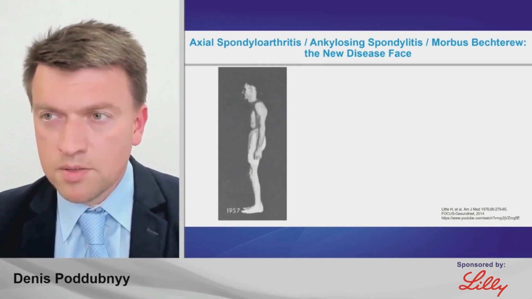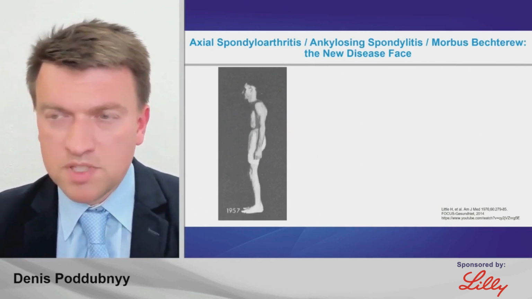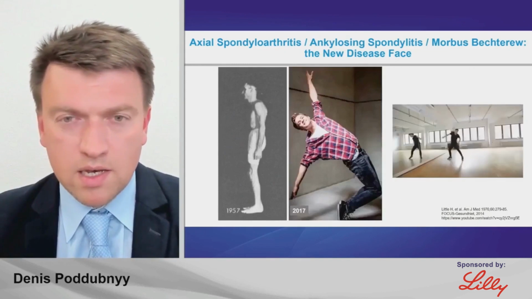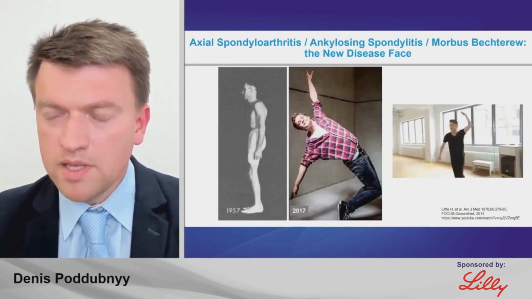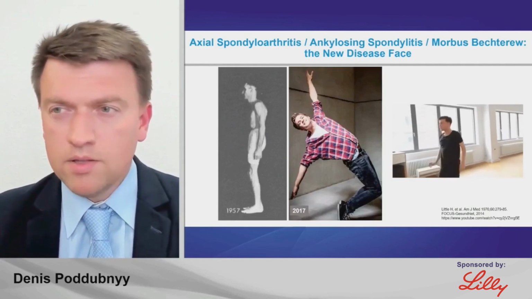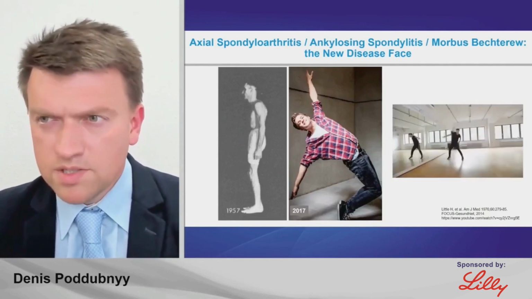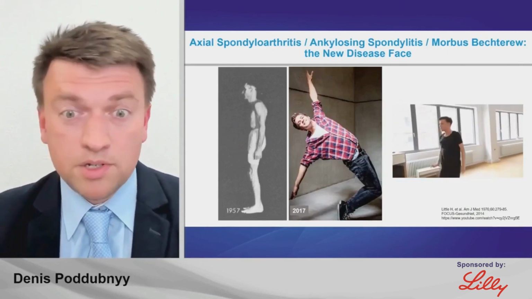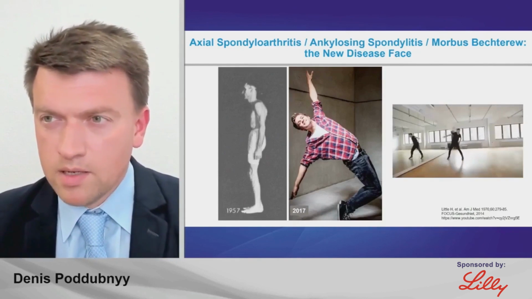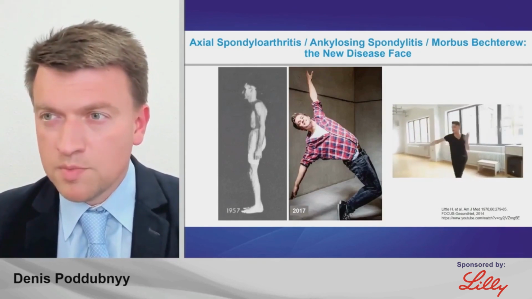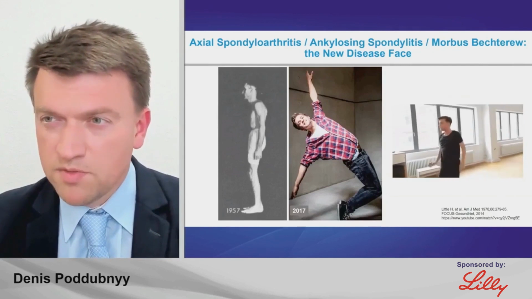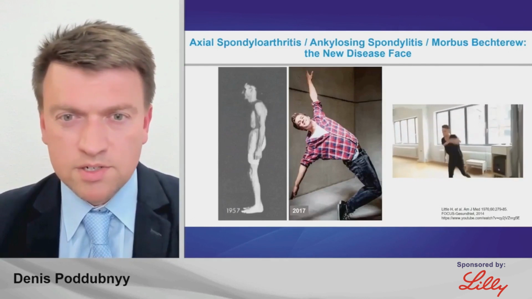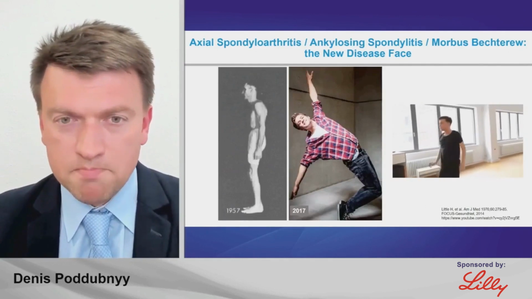This is a typical picture as we saw it some decades ago, and nowadays our patients, if they are diagnosed early, if they are treated early, do not have major limitations in spinal mobility, and this is only possible with early diagnosis and early initiation of anti-inflammatory treatment. This is, by the way, a real patient of mine who was diagnosed with axial spondyloarthritis about 15 years ago, and you see an excellent outcome after such a long time period.